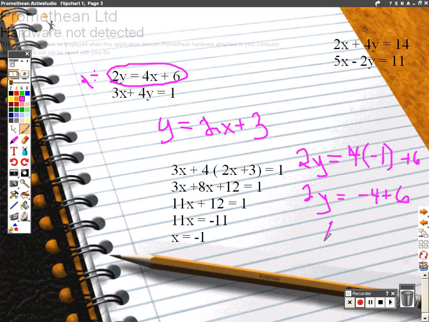So 2y is equal to negative 2. I'm sorry, positive 2. I need to work on my integers there. Therefore, y equals 1. So my final answer is negative 1, comma 1. And for good measure, I'm going to check in the second equation. 3 times negative 1 is negative 3. 4 times 1 is 4. Negative 3 plus 4 is positive 1.